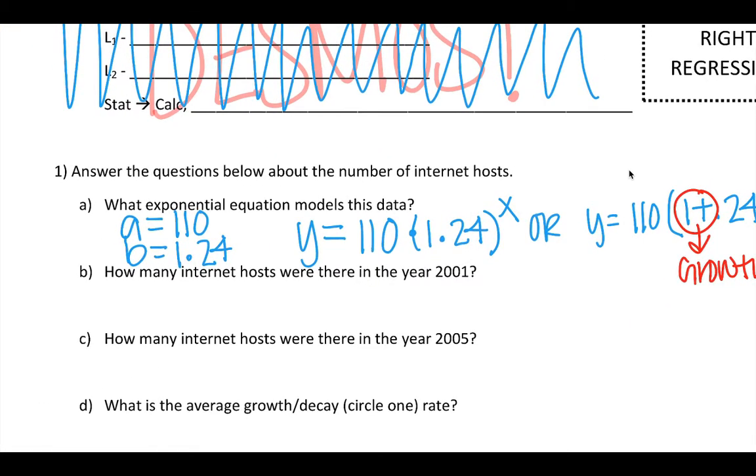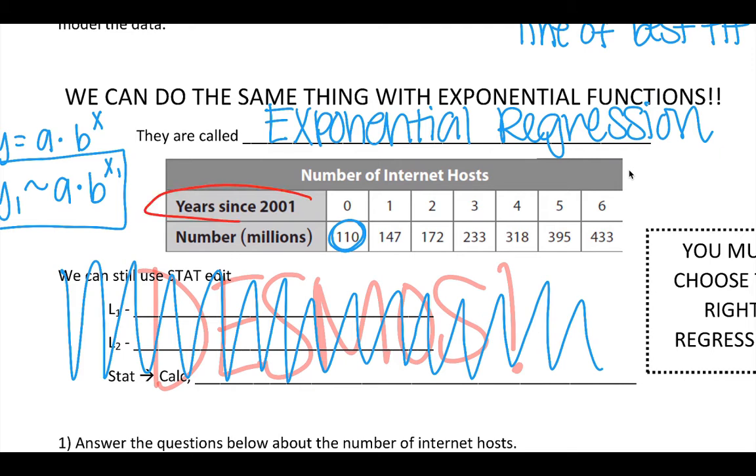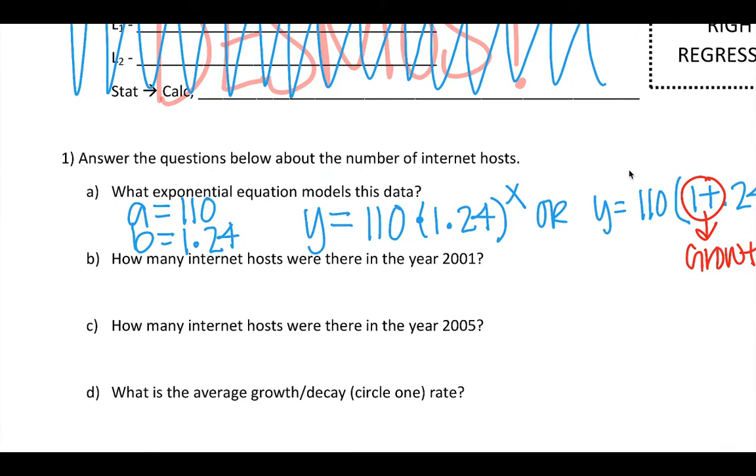So how many internet hosts were there in 2001? Well, this says years since 2001. So if it's been 0 years, we're still in 2001. So we're at 110. That's our starting point, initial value, our y-intercept. So 110 million. How many internet hosts are in 2005?